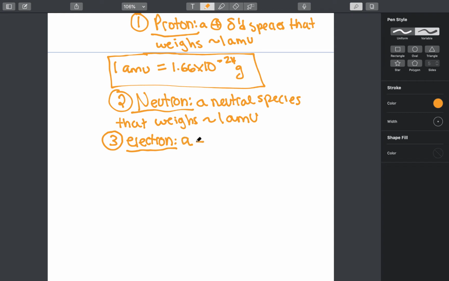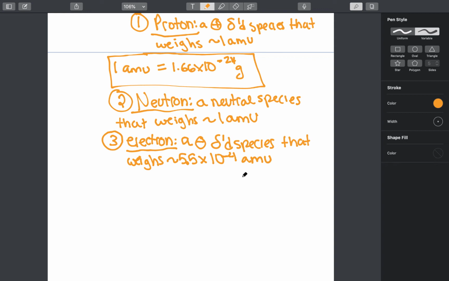It is a negatively charged species, remember this means charged, that weighs around 5.5 times 10 to the negative 4th atomic mass units. So an electron is very, very small.